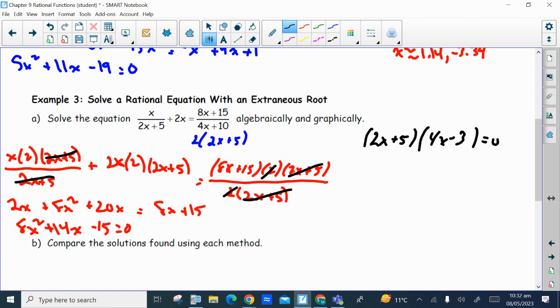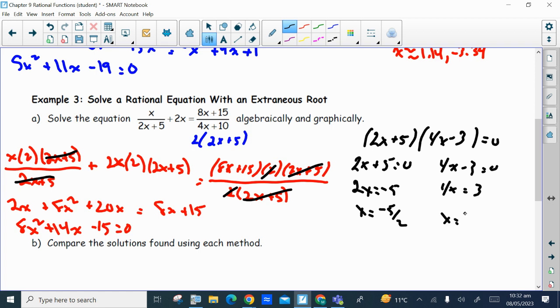And the last terms multiply to get our negative 15. So our solutions would come where each factor equals 0. And so those are the answers that we get.